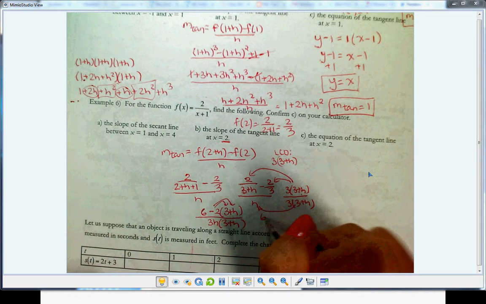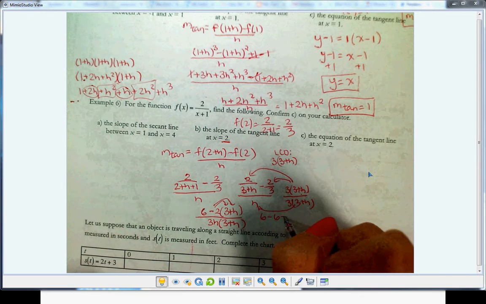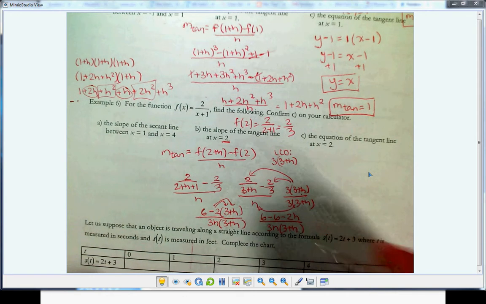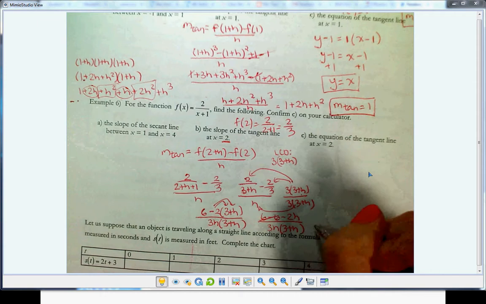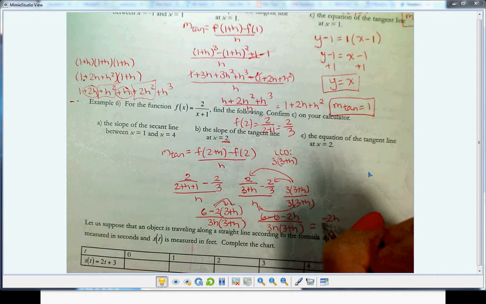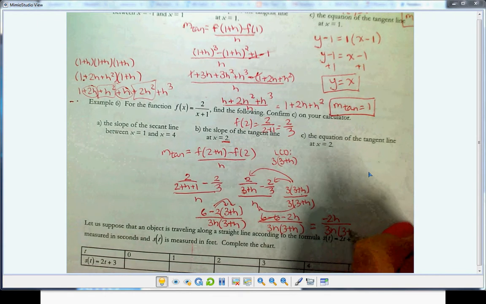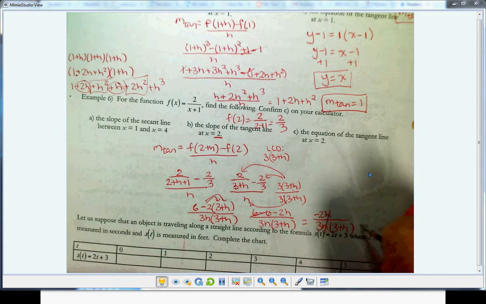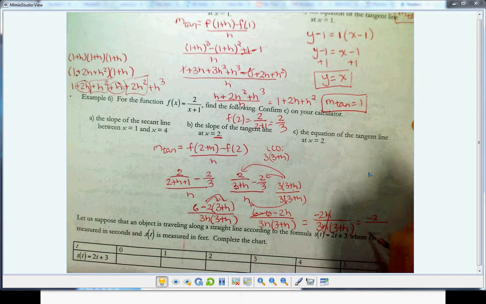We're left with 6 minus 2h over 3h, 3 plus h. These 6's cancel out, so we're left with negative 2h over 3h, 3 plus h. The h's cancel out, and then I have negative 2 over 3 plus h.